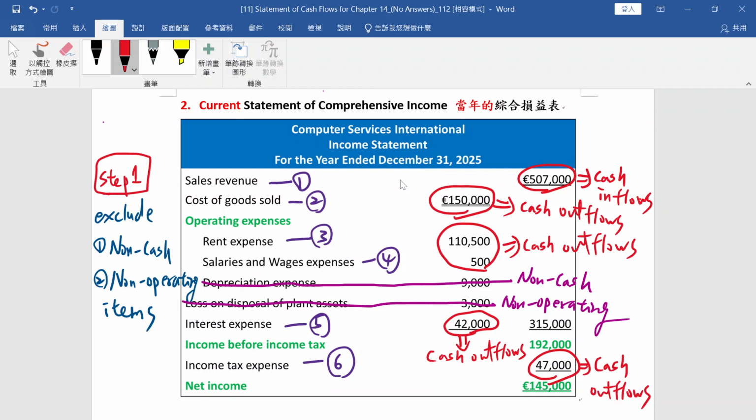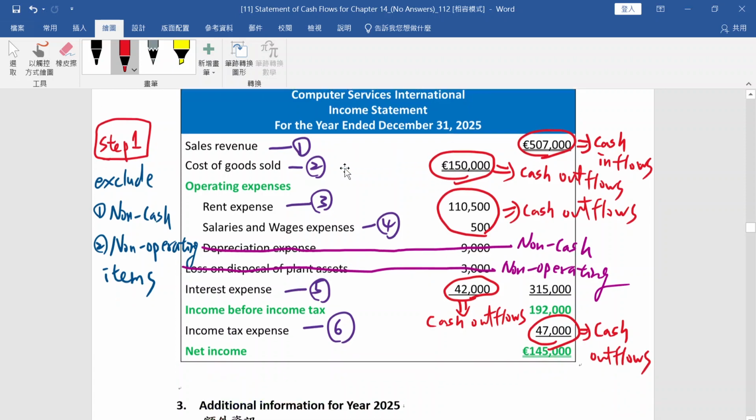But remember, one number alone cannot help you find out cash flows, right? So you need what? You need their friends. So could you tell me, which account is sales revenue's friend? Okay, so we try to find out their friends.